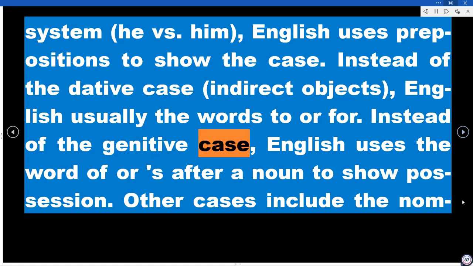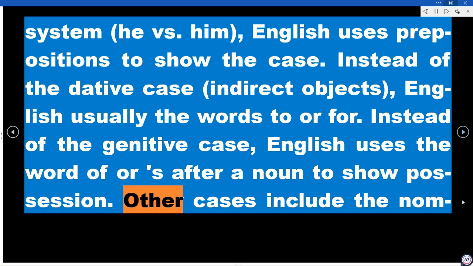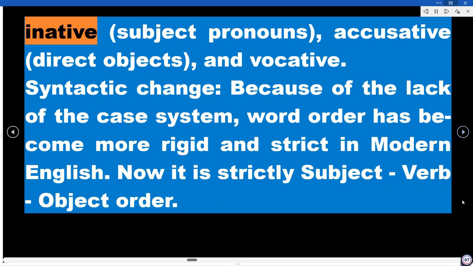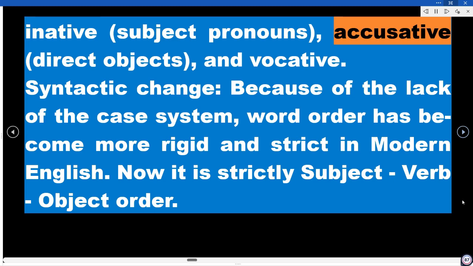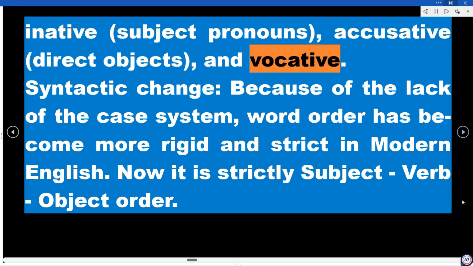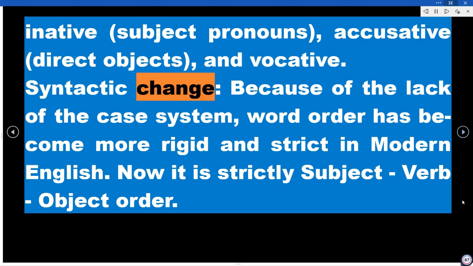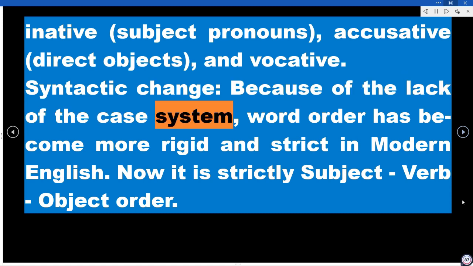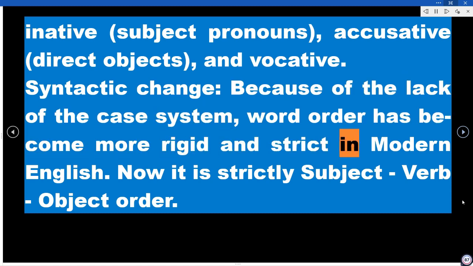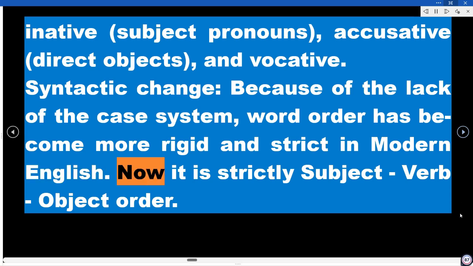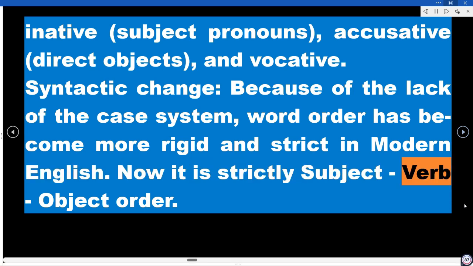Instead of the genitive case, English uses the word of or 's after a noun to show possession. Other cases include the nominative, subject pronouns, accusative, direct objects, and vocative. Syntactic change. Because of the lack of the case system, word order has become more rigid and strict in modern English. Now it is strictly subject, verb, object order.